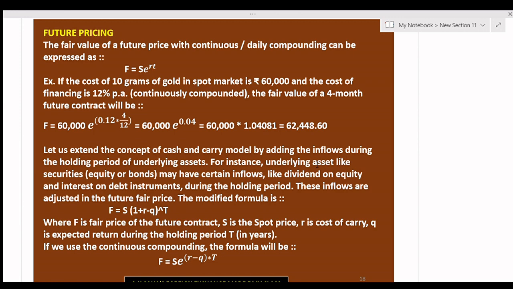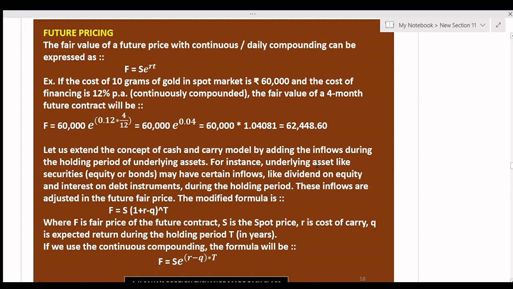Today is the 30th session. Last day I discussed covered call, covered put, protective call, protective put, and just started future pricing. Today it will be continued. Now come future pricing.